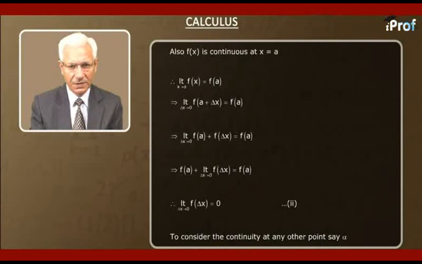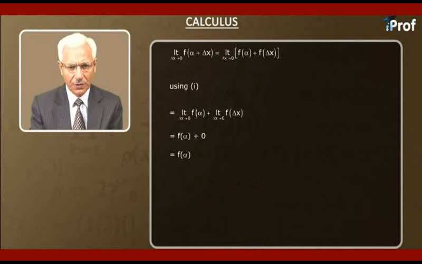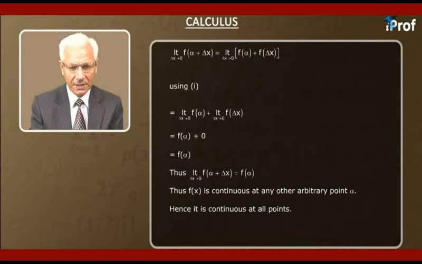To consider the continuity at any other point, say alpha, the limit as delta x tends to 0 of f(alpha + delta x) becomes the limit of f(alpha) + f(delta x), using the definition of the function, which is f(alpha) plus the limit as delta x tends to 0 of f(delta x), which is f(alpha) plus 0, that is f(alpha). Thus, the limit as delta x tends to 0 of f(alpha + delta x) is equal to f(alpha).